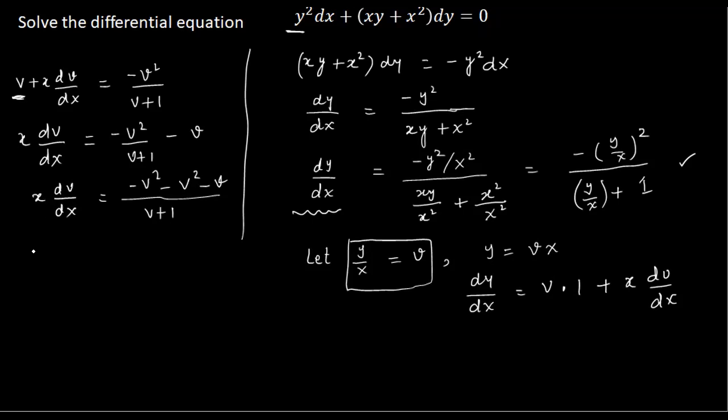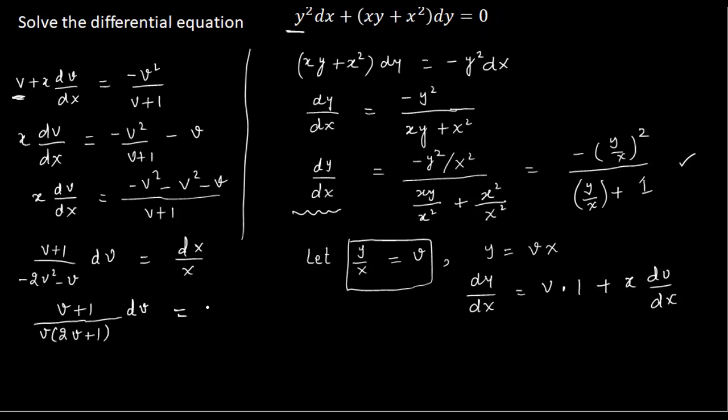Now cross multiply, we can rewrite this as v plus 1 over minus 2v square minus v dv equals dx over x. Now v is common here, and multiply both sides by negative 1, then we end up getting v times (2v plus 1) in the denominator, and our numerator is v plus 1, dv equal to negative dx over x.